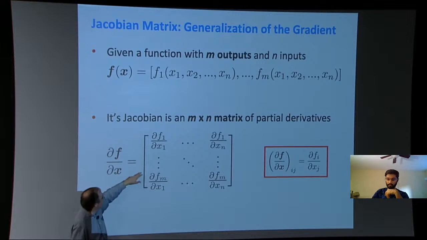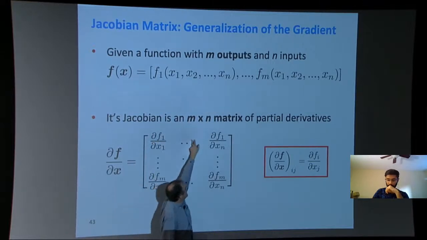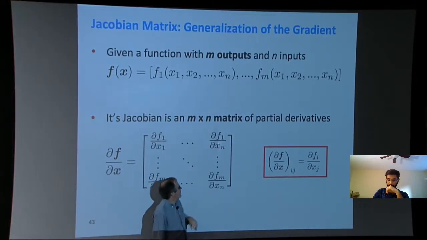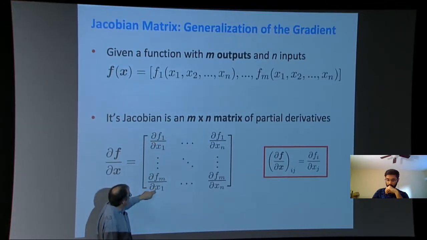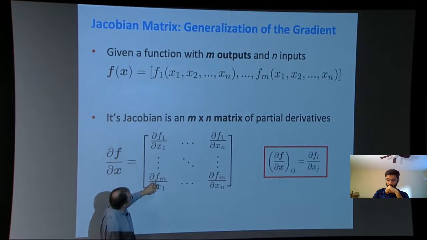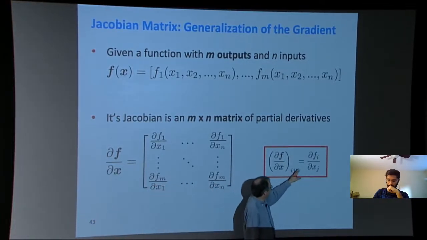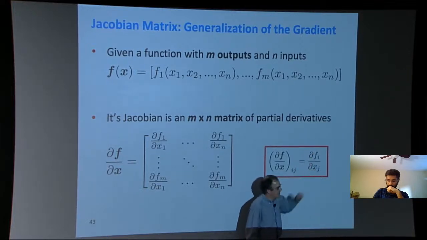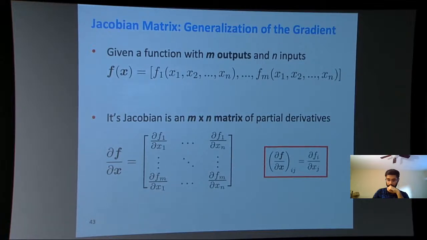In the Jacobian, you take these partial derivatives with respect to each output along the rows, and with respect to each input down the columns. So you get these m by n partial derivatives, considering every combination of an output and an input. But again, you can fill in every cell of this matrix just by doing single variable calculus, providing you don't get yourself confused.